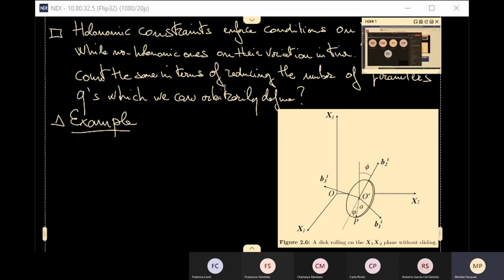So there is just pure rolling without sliding.